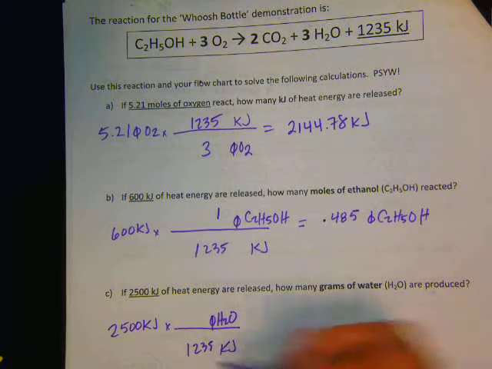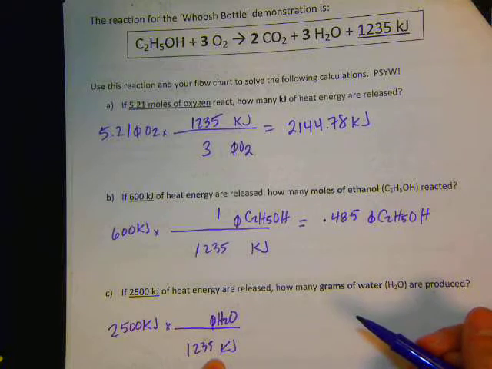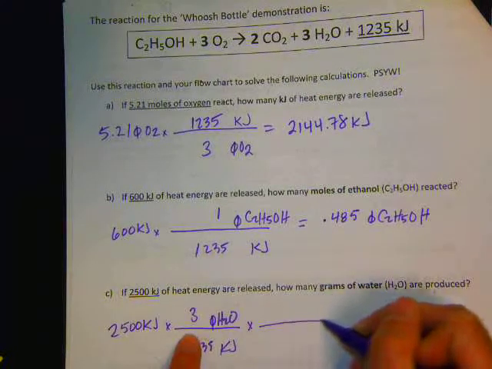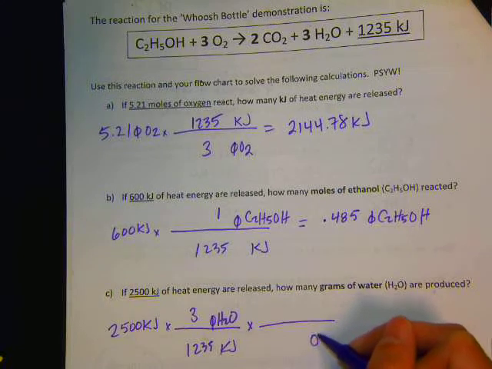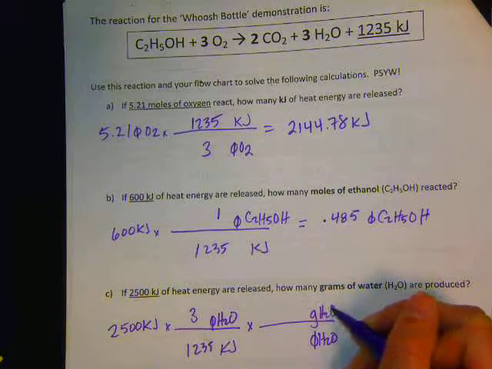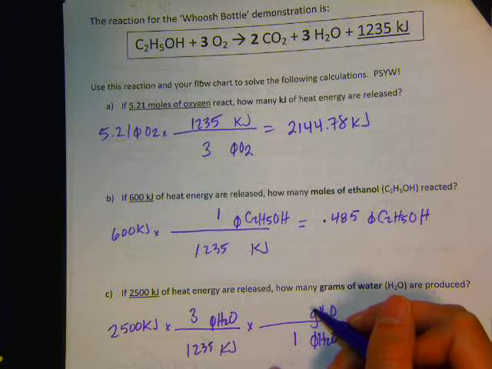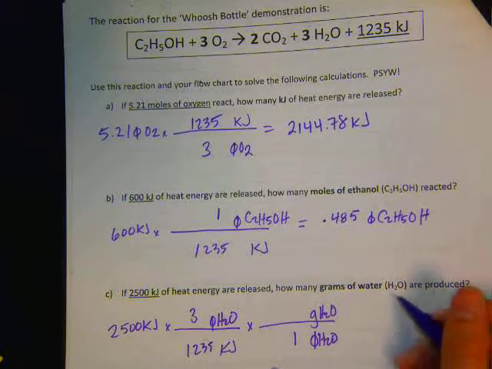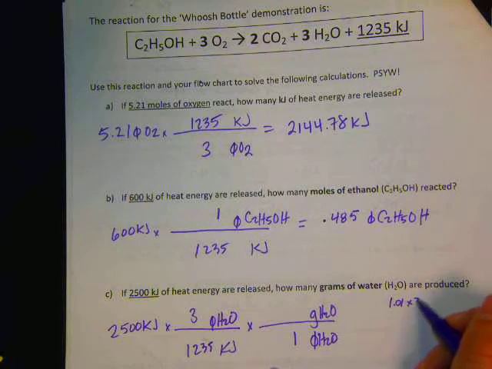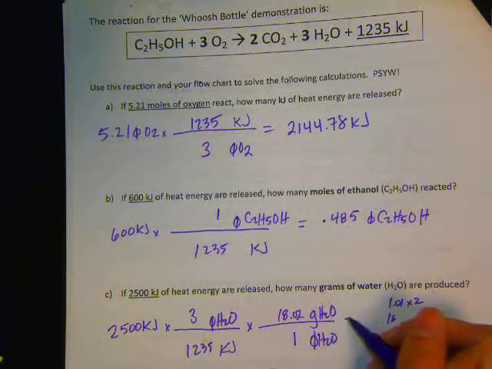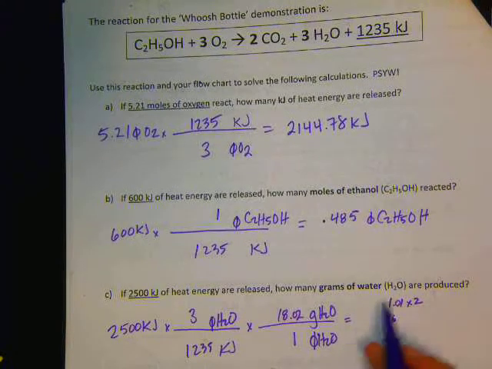So we have 1,235 kilojoules going to 3 moles. But can I go moles to grams? So moles of H2O gives me grams of H2O. 1 mole equals, does anyone memorize this molar mass? You add the 2 H's, it's like 1.01 times 2, and 16.